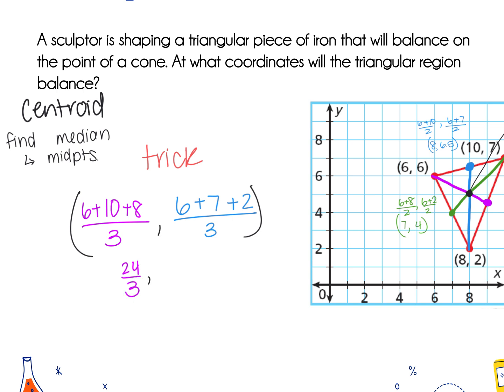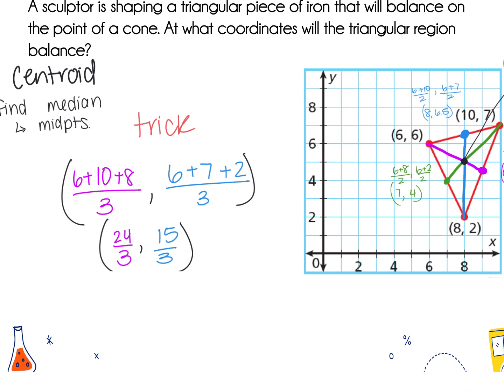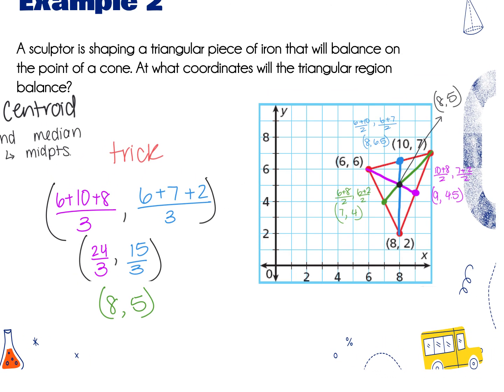And if I add them, I'm going to get 15 divided by 3. And yes, I can simplify that. If I simplified it, what would I get? 8 and 5. Isn't that the same answer we got after I graphed them? So I'm finding the center point for them.